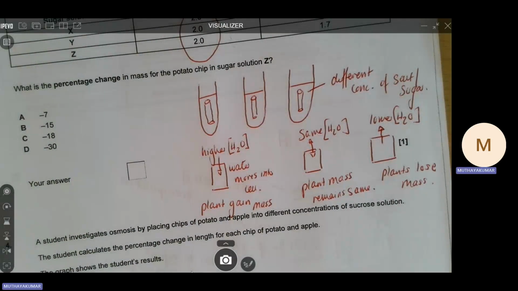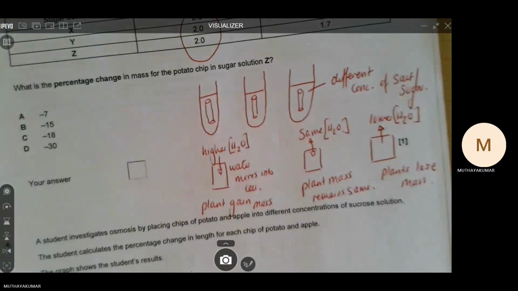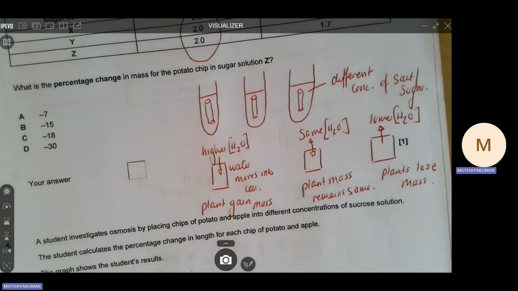And this is key to this practical. If you can understand this and remember this, you'll be able to understand and answer the questions for this practical. Okay, so if water is moving into a plant, it gains mass. If it's leaving, it's losing mass.